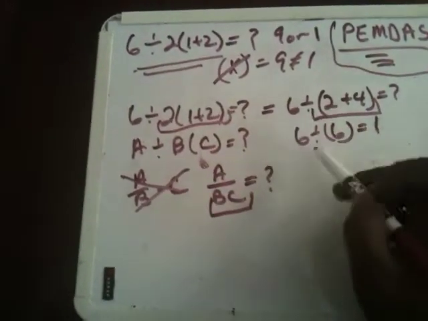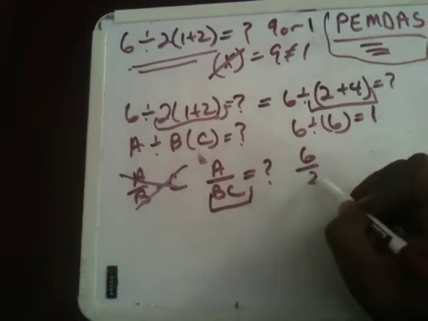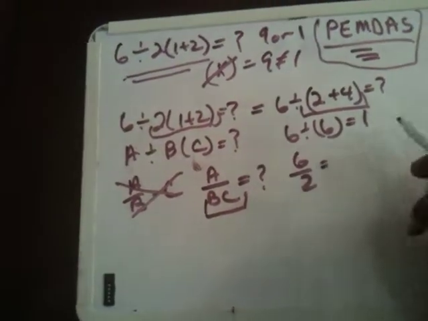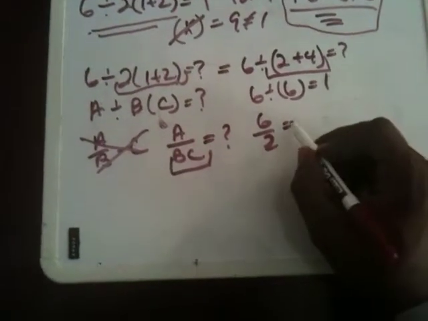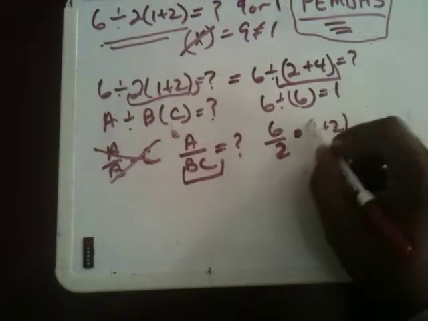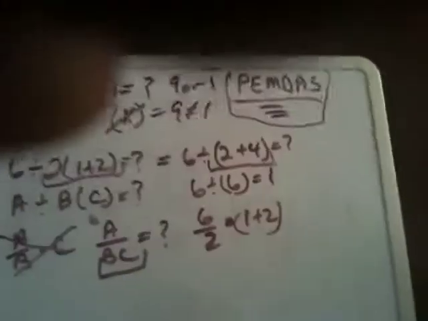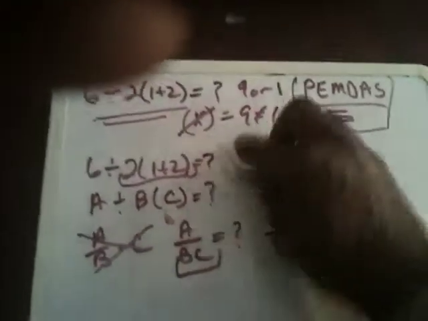You can't all of a sudden make it 2 divided by 6. That is the main problem that most people are having, times 1 plus 2. That is the main problem because it changes the entire equation. It changes everything.